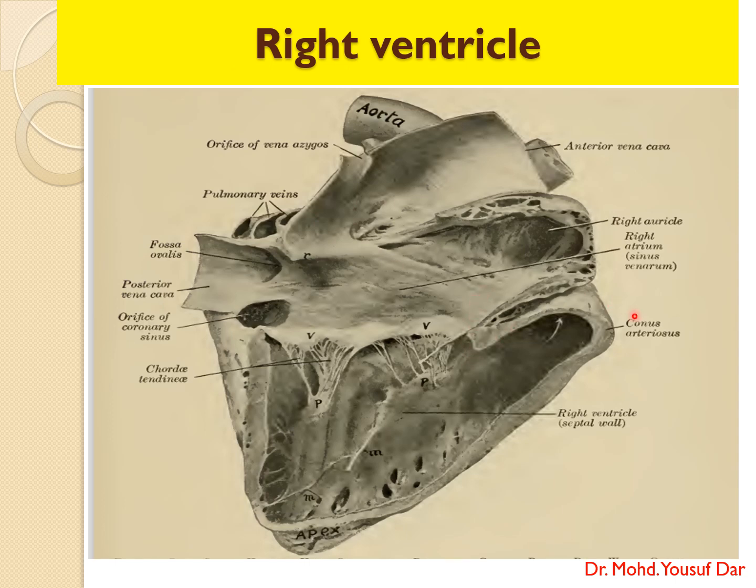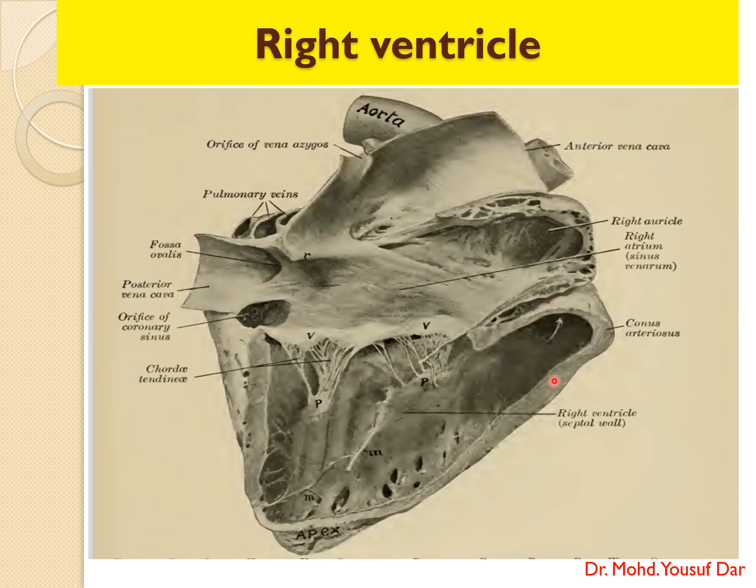Here the left part of this right ventricle forms a funnel-shaped structure known as the conus arteriosus, from where the pulmonary artery arises.